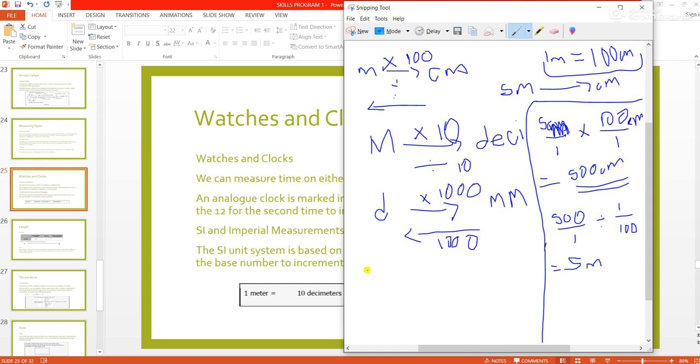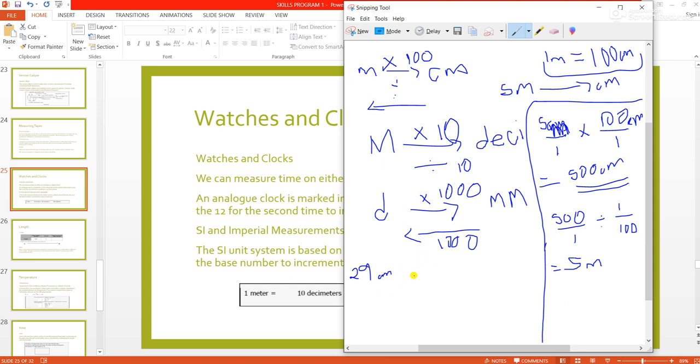Let's do another example. We're given 29 centimeters, and we have to convert that to meters.